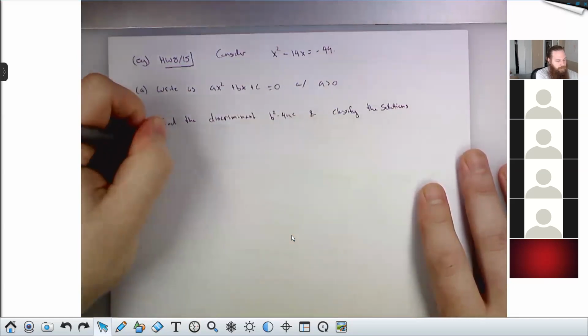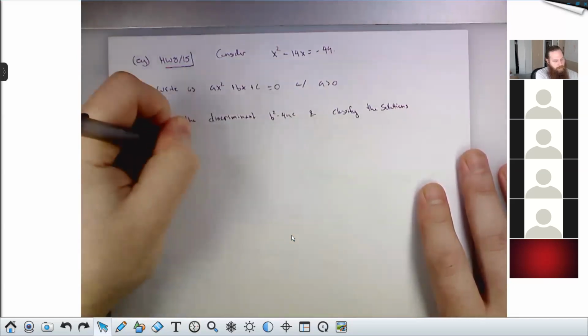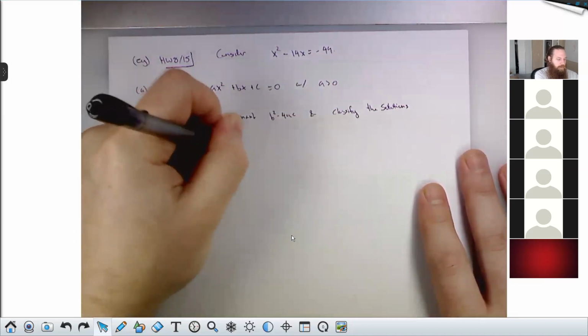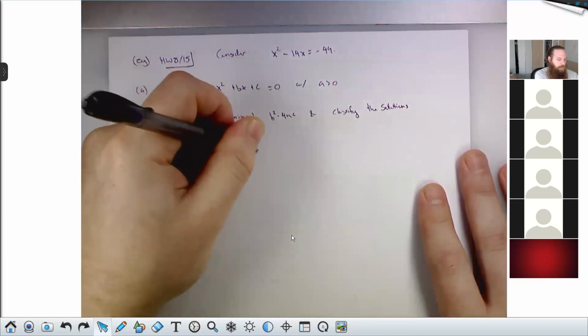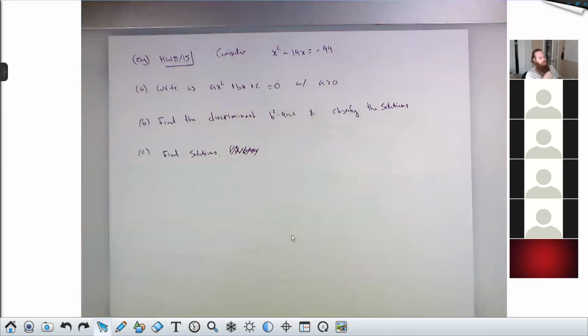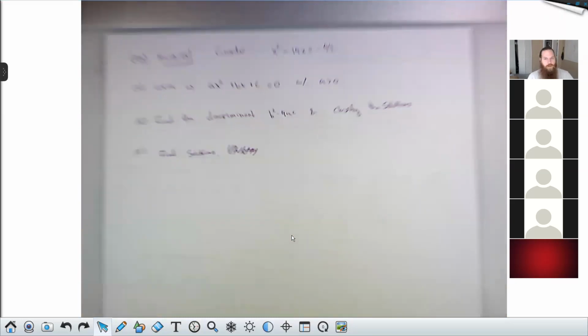And then find the solutions. I'm going to get rid of the "if possible" part because we do have the quadratic formula now, so we can always find the solution.